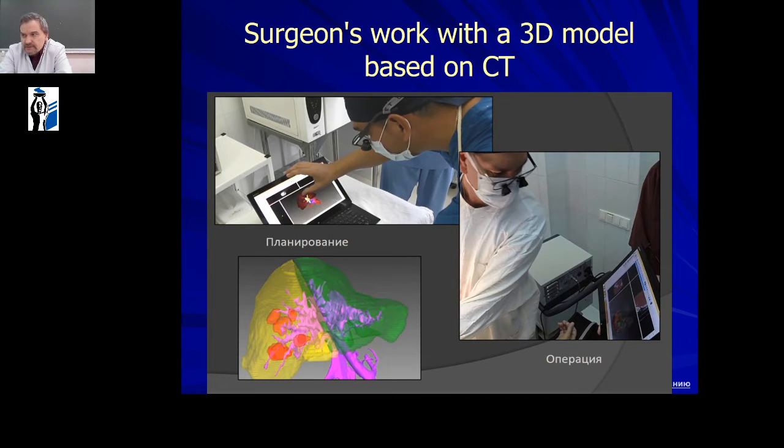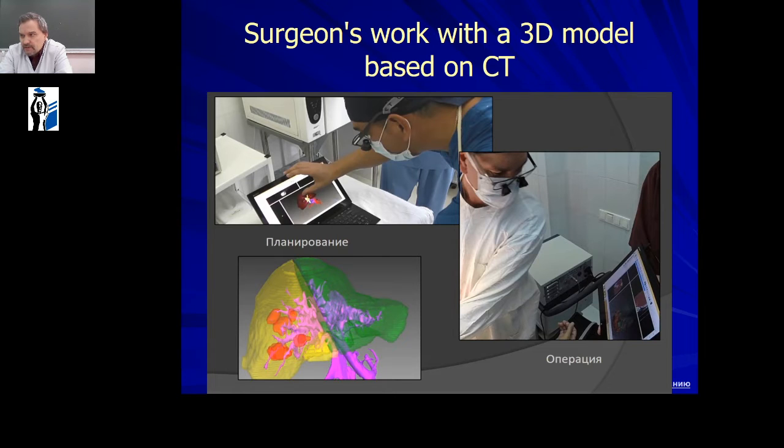This system is called AutoPlan. It allows you to build a personalized pathology model and help the surgeon plan the operation and act more reliably.